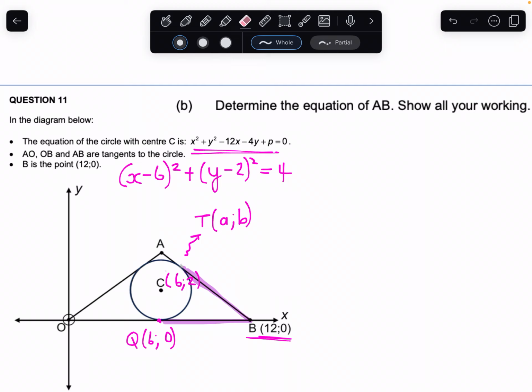Determine the equation of AB. Tangent. What are you saying to me, tangent?